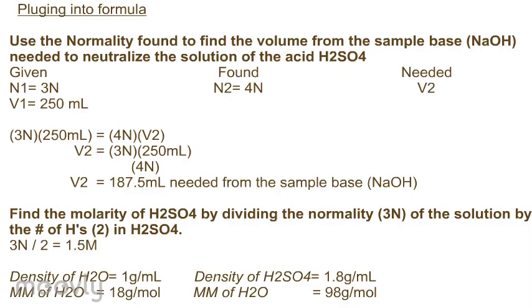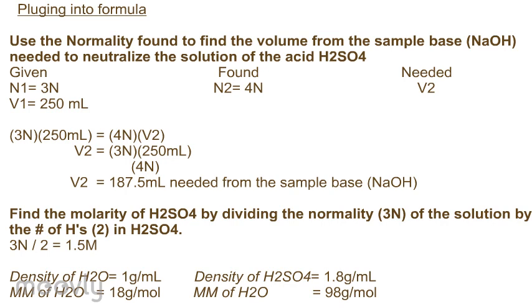Now that you have found the normality for NaOH, which is 4N, you would want to find the volume needed from the sample base NaOH to neutralize the solution of the acid H2SO4. So now you only have to plug into the formula N1 times V1 equals N2 times V2. It is given to you that N1 equals 3N and V1 equals 250 milliliters.